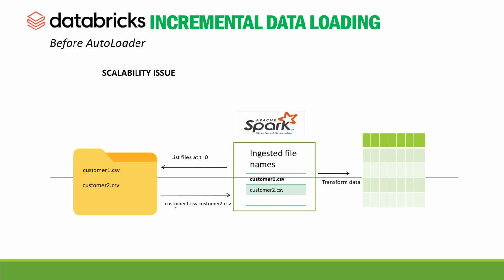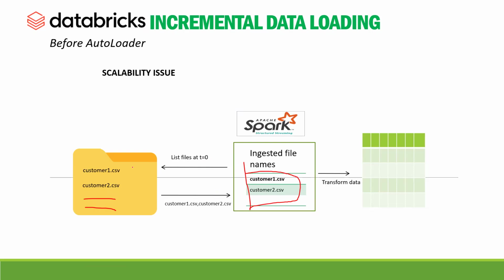The problem here is that when a few more files arrive in this folder next time, Spark has to poll continuously for the new files and ingest them. Each time it polls the folder, it has to compare against the files it has already ingested.